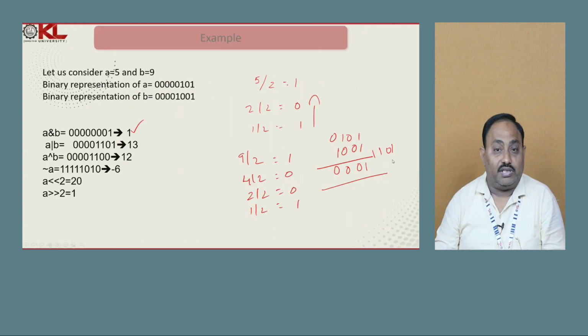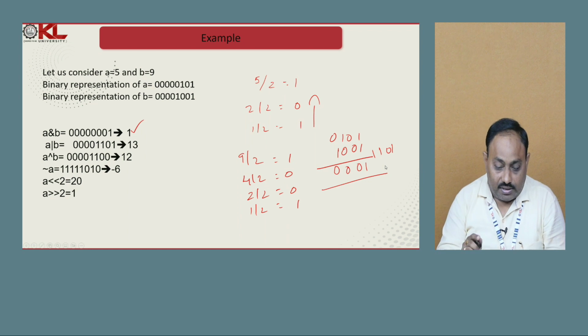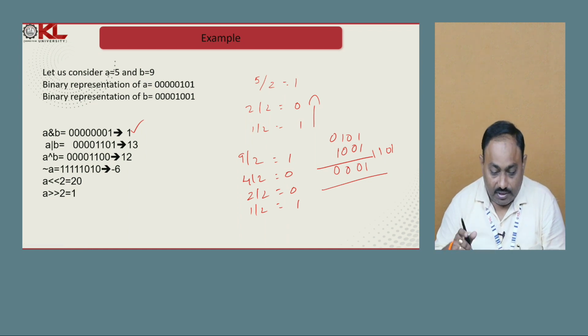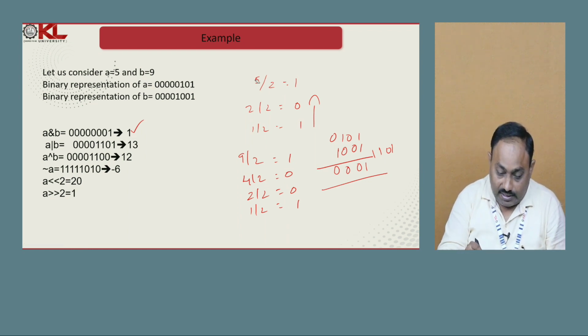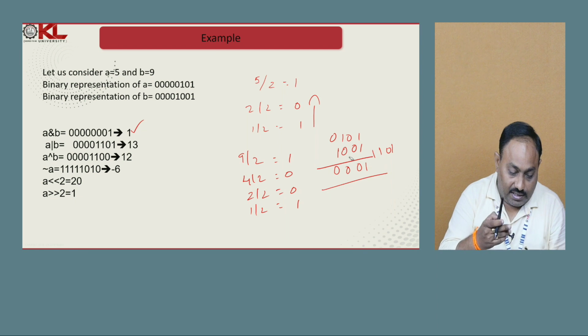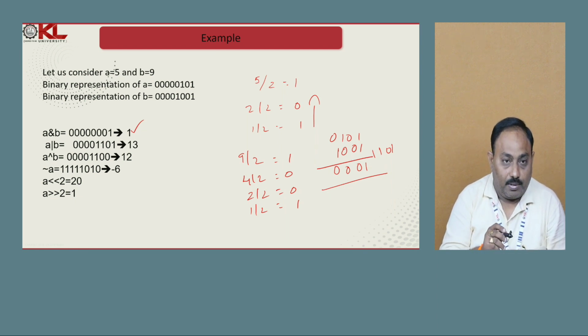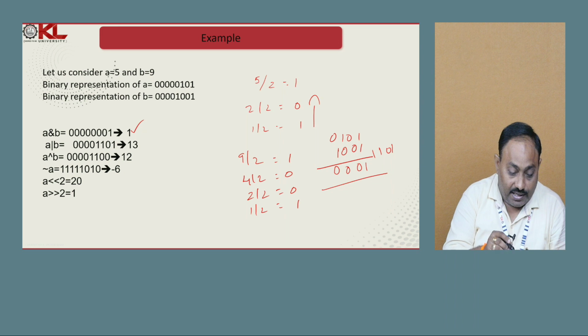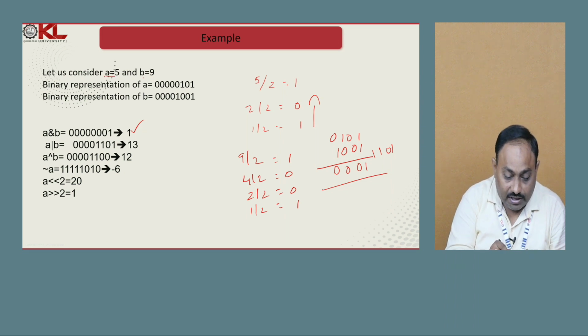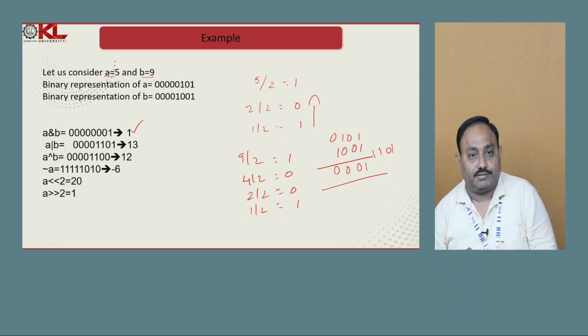Now let us see this example. I want to explain how these bitwise operators perform bit level manipulations by taking a value equal to 5 and b value equal to 9.